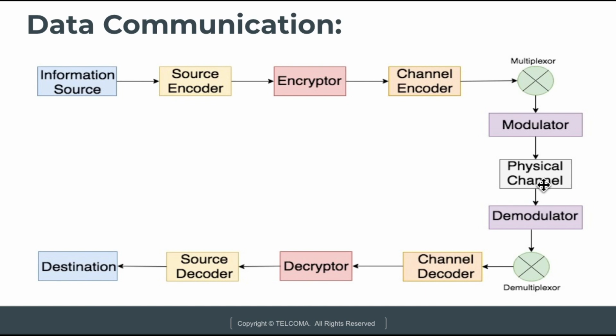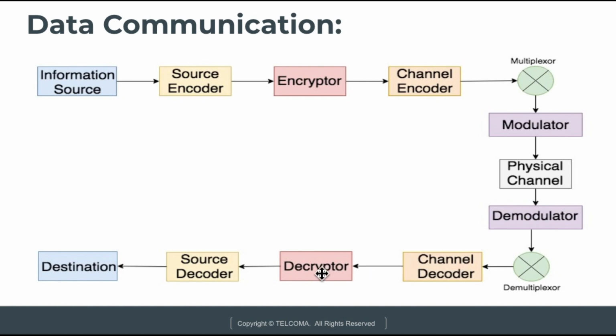Then it goes to the demodulator where the carrier signal is separated from the message signal, and this message signal is sent to the demultiplexer. Here the demultiplexer separates the signal that are combined at the multiplexer. So these separated signals go to the channel decoder that will reduce the transmission error.